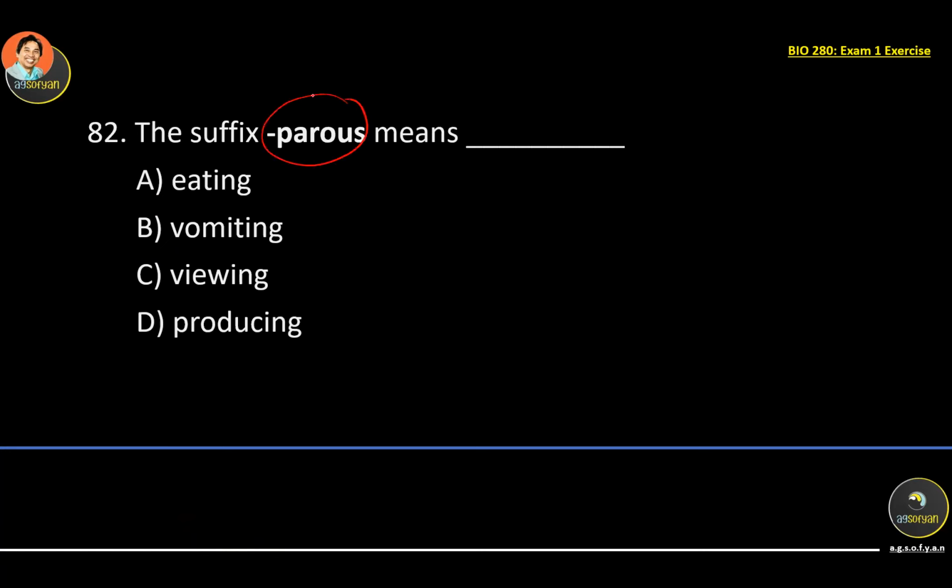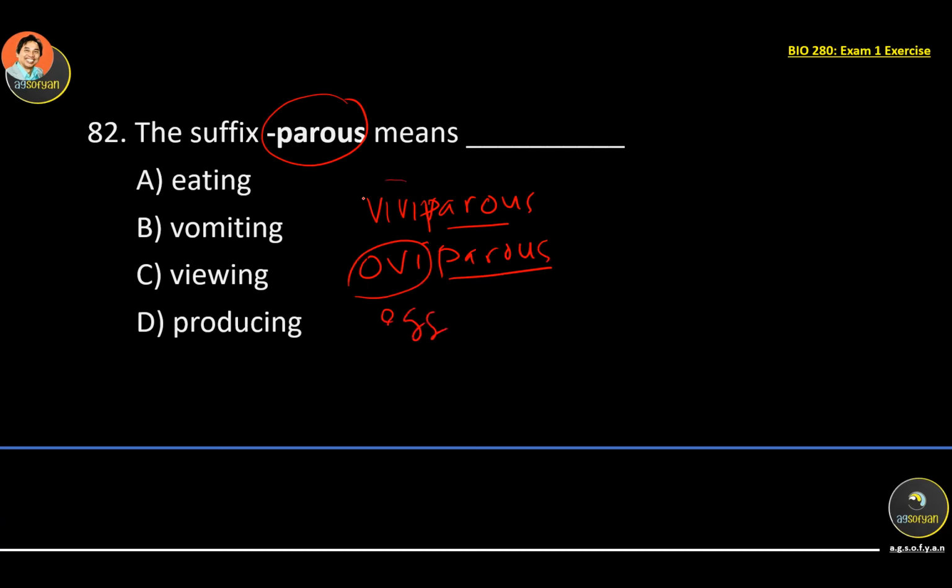Parous. Okay, A, B, C, or D. Sometimes if you learn about animals, there is an animal that is oviparous, for example. Okay, so ovi means egg, parous means born or give birth.